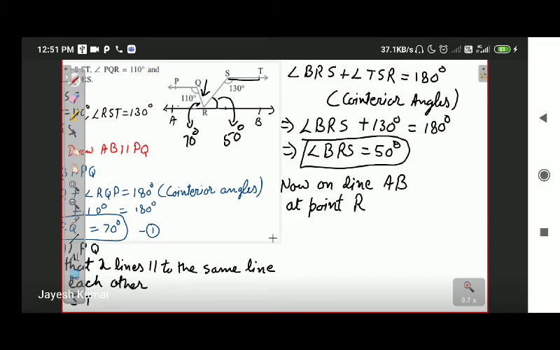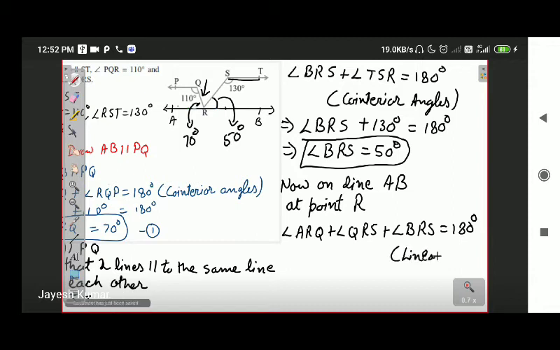What is it called? Linear pair. Angle ARQ plus angle QRS plus angle BRS is equal to 180 degrees. Why? Linear pair, because these are a pair of linear pair angles.